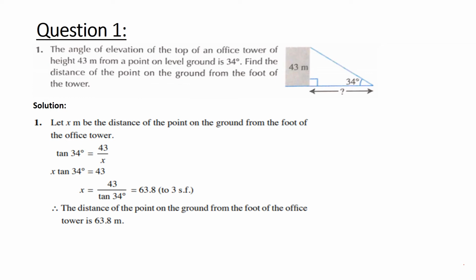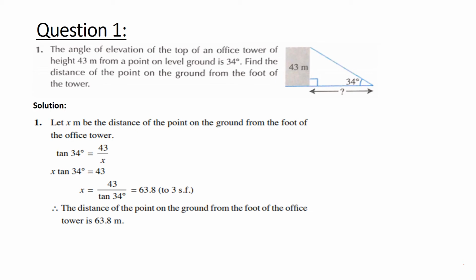In order to find out the distance of the point from the base of the tower, we need to apply the tangent rule. We know that tangent theta is the ratio of perpendicular over base. So tangent 34 will become the ratio of 43 over base that is unknown to us.